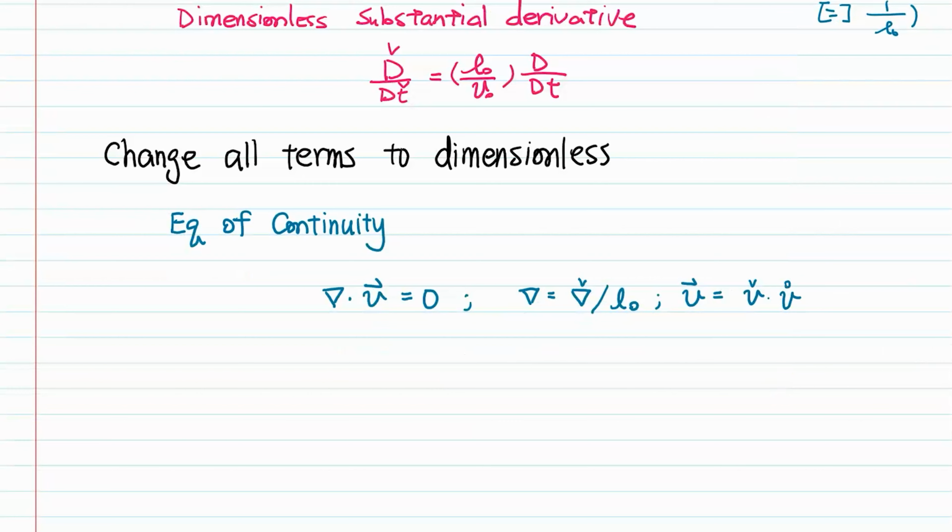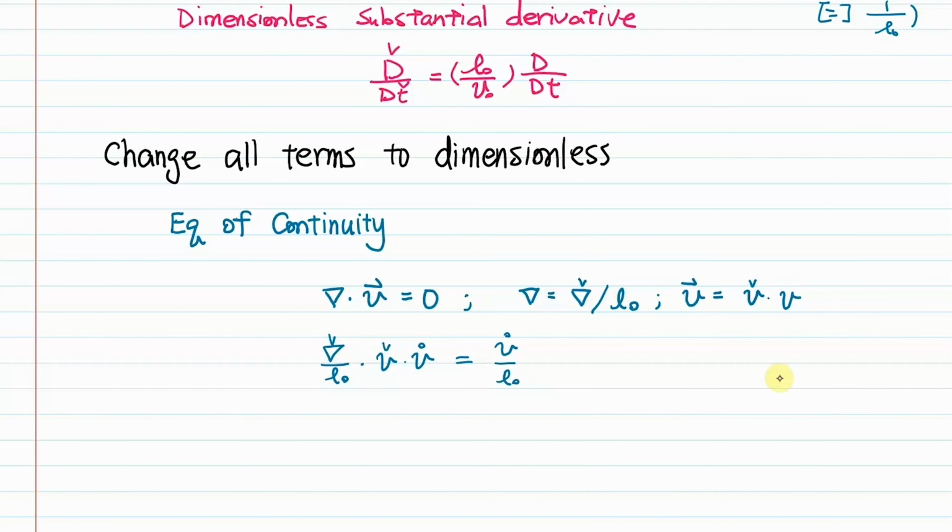Okay, so if we plug these back into our equation of change, what we see is the following. We have the dimensionless gradient operator divided by L naught, multiplied by the dimensionless velocity times the characteristic velocity, equals V naught over L naught.